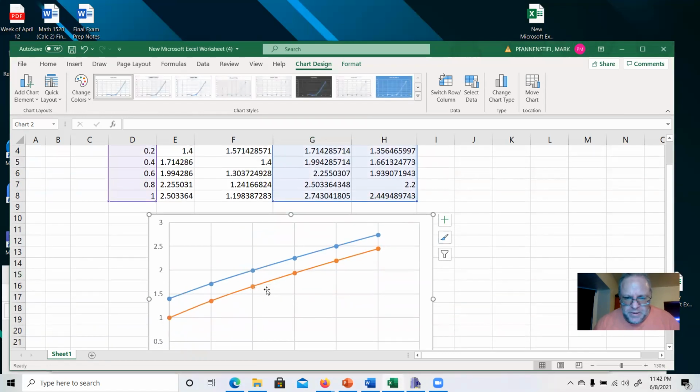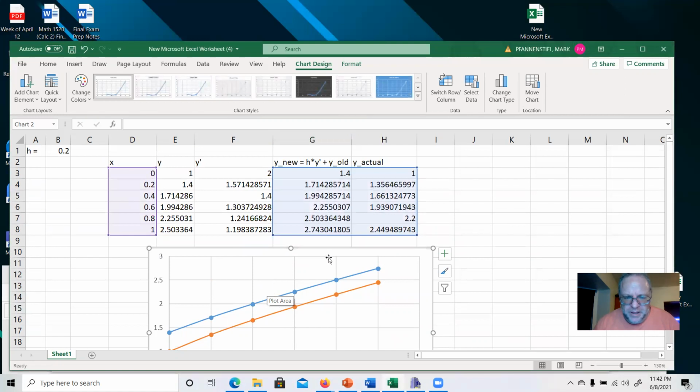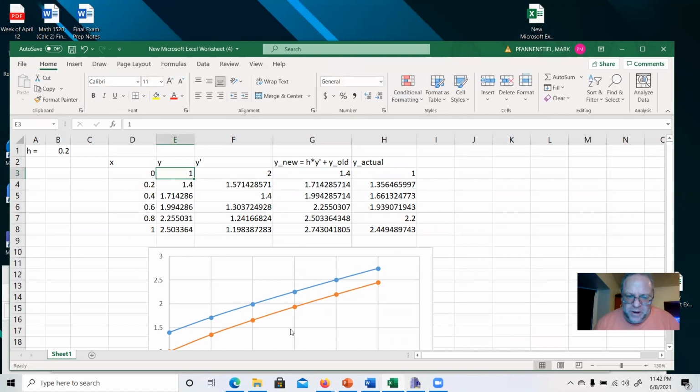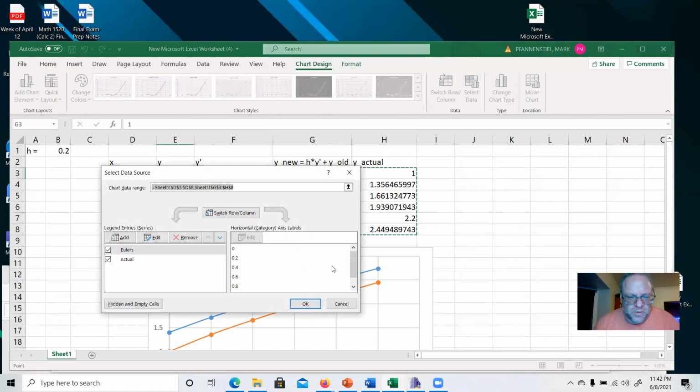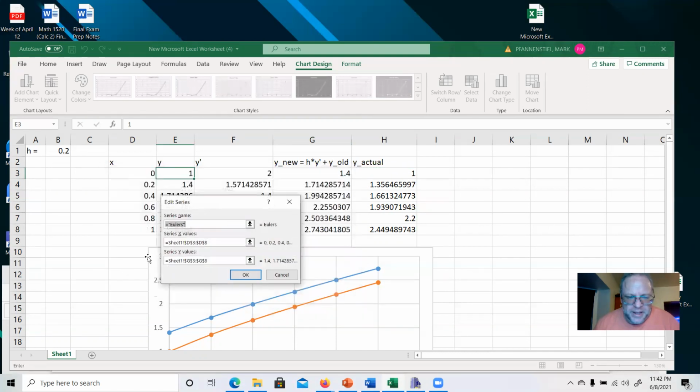We are off from the beginning. Oh, I think I messed up with my y's. Okay, I wanted my y's to be here. Let's go ahead and edit this one. So Euler's, let's edit.